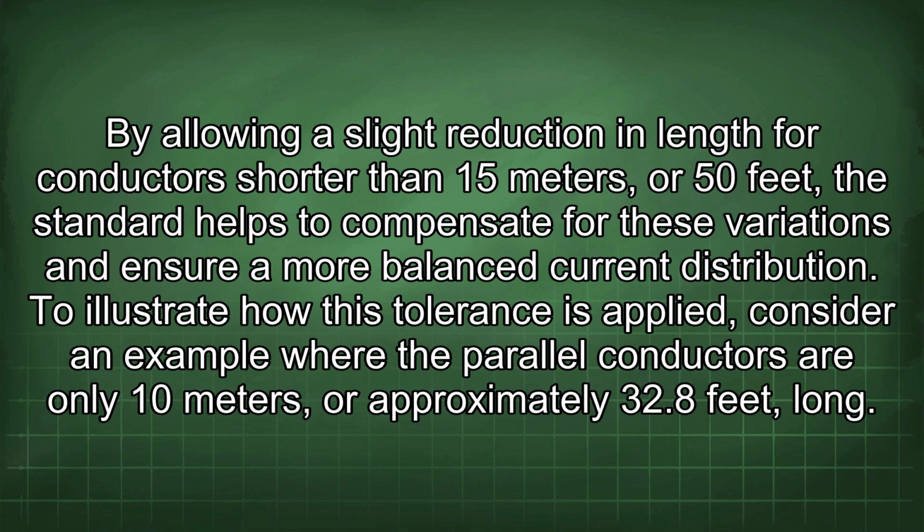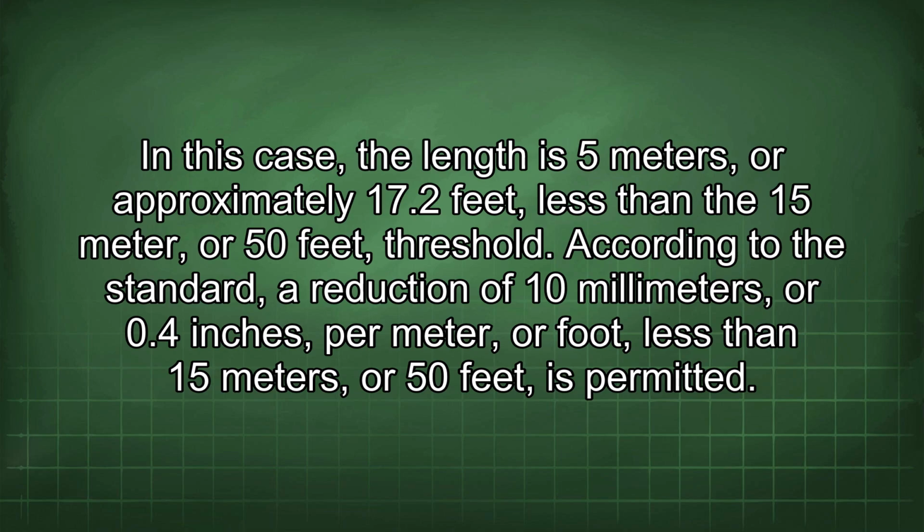To illustrate how this tolerance is applied, consider an example where the parallel conductors are only 10 meters, or approximately 32.8 feet long. In this case, the length is 5 meters, or approximately 17.2 feet, less than the 15 meter, or 50 feet, threshold. According to the standard, a reduction of 10 millimeters, or 0.4 inches per meter, or foot, less than 15 meters, or 50 feet, is permitted.